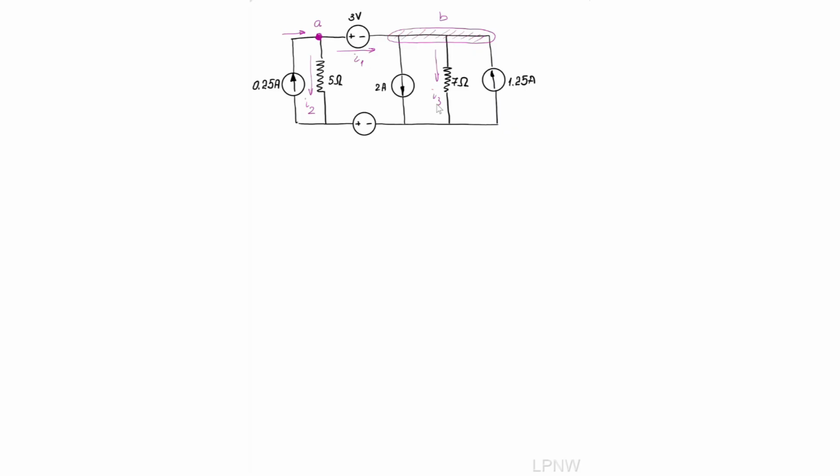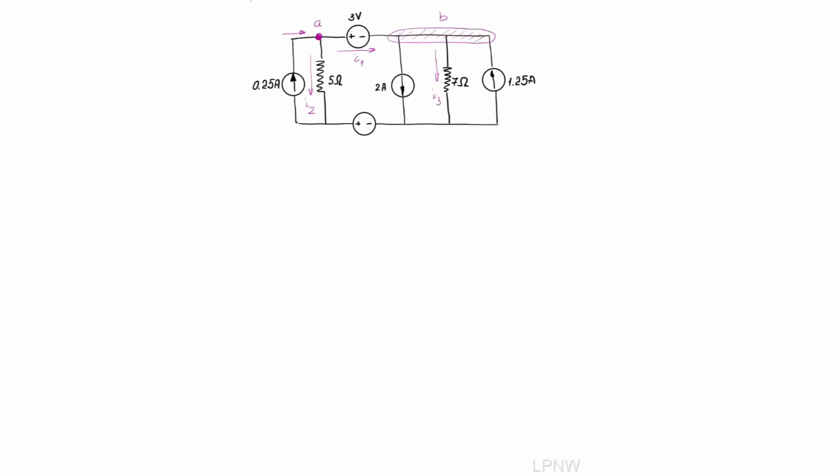Again, the notation of the directions is arbitrary. If I end up with a negative value for the calculated current, this means that the original direction of the current was exactly the opposite, so my guess was wrong. So let's go ahead with the calculations.